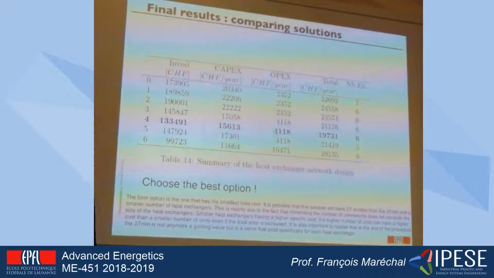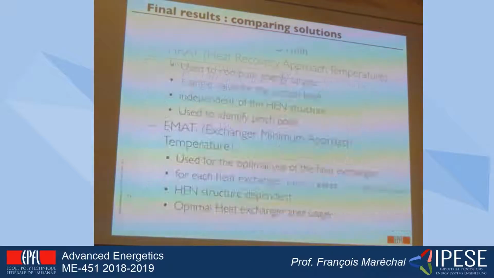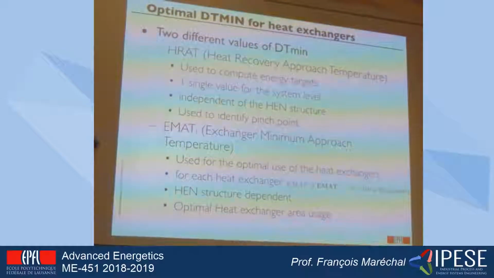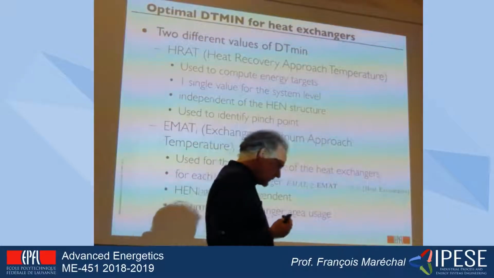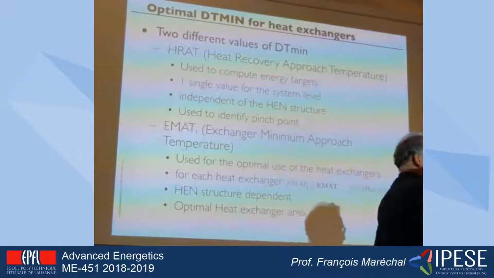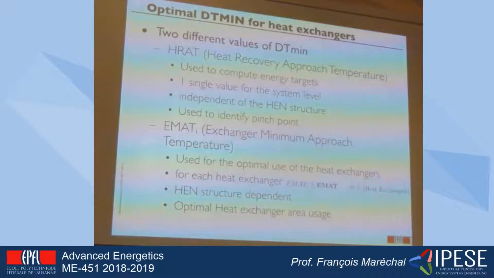Okay? So the consequence is that in reality, when we have to do the heat exchanger network design, we have to, at the end, optimize the design. It means that I'm starting with a configuration and I have ways to improve the configuration.